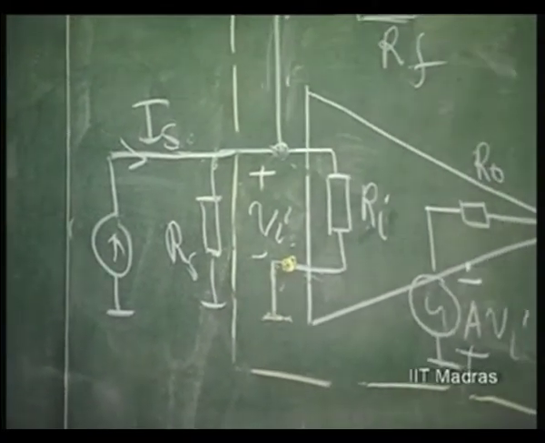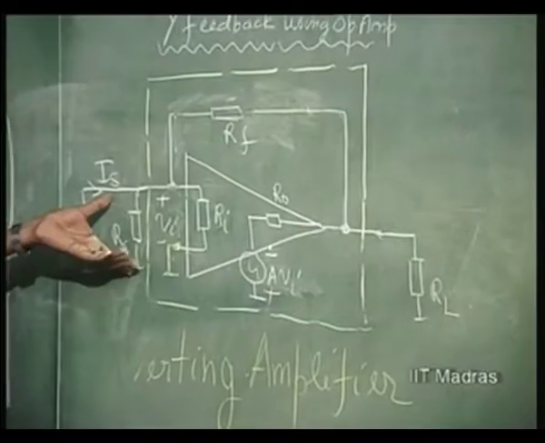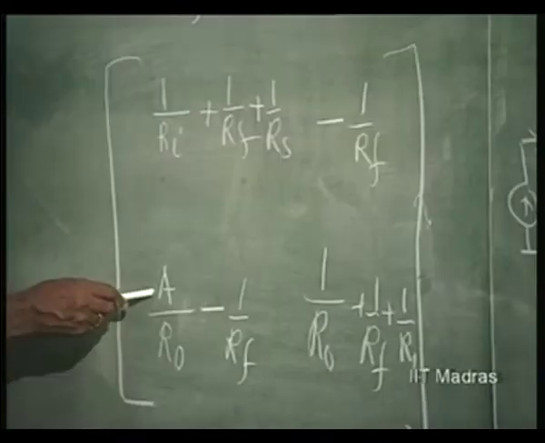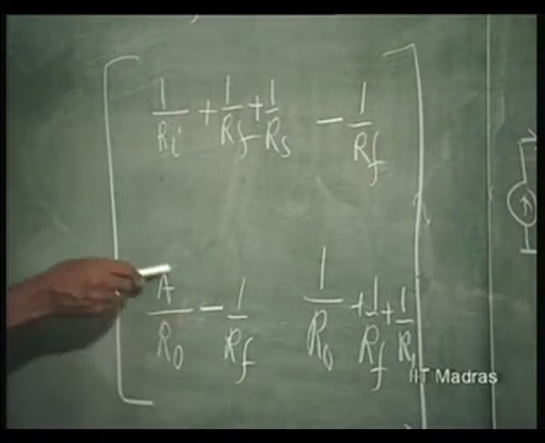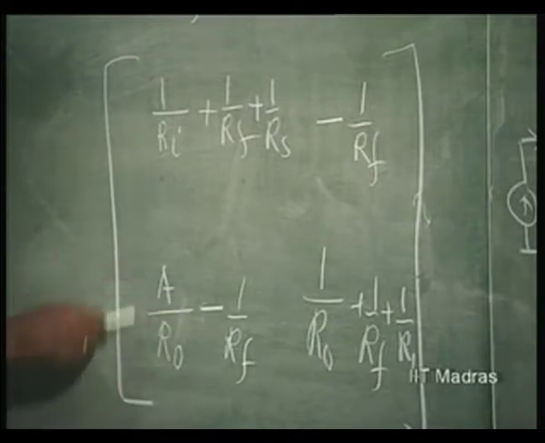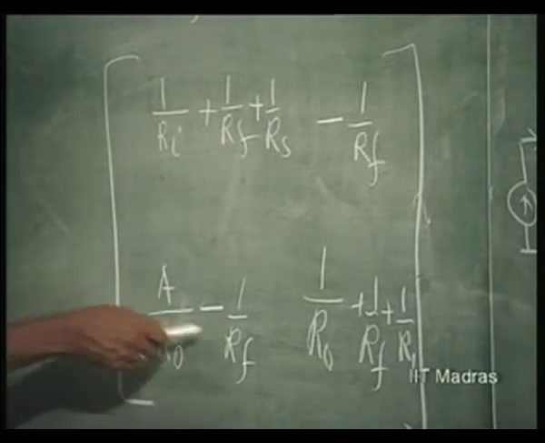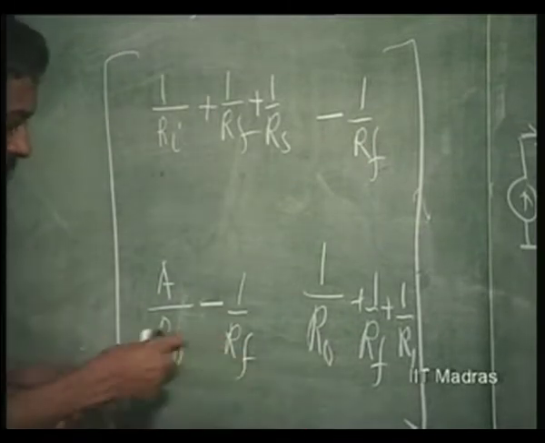this is the composite Y parameter of this fairly complex Y feedback network. You can now find out the loop gain. Once again, you can see because A is coming here, R0 is coming here, so this is infinity squared, right. So this can be neglected, right.